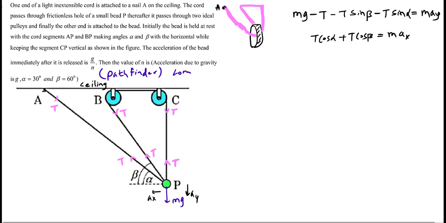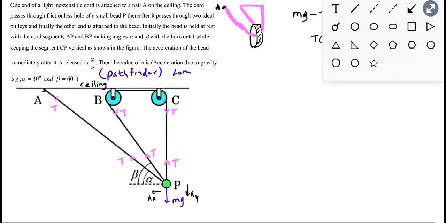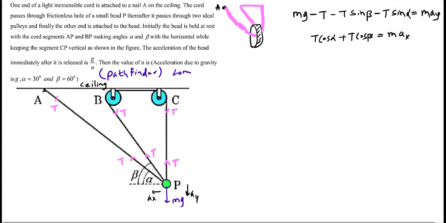Okay, fine. This is the acceleration. Now we'll write the constraint equation. Let this be the y, and let this be the x.